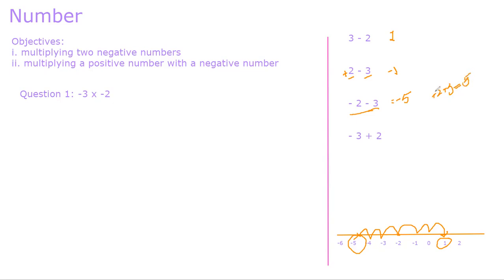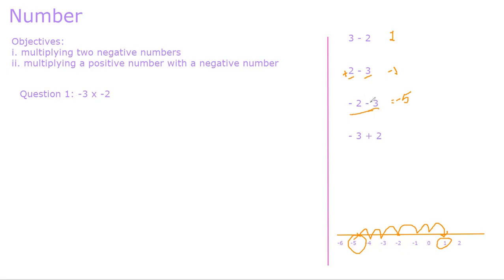Or if we don't want to write the plus sign, we can simply write 2 plus 3, equal to 5. In this question, only the signs are changed. The plus signs are changed to negative signs.